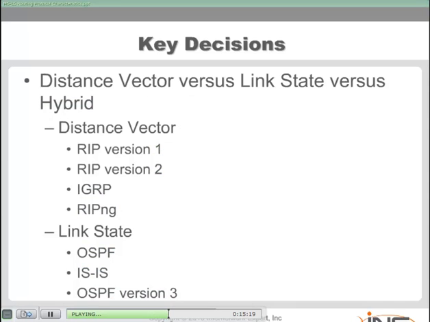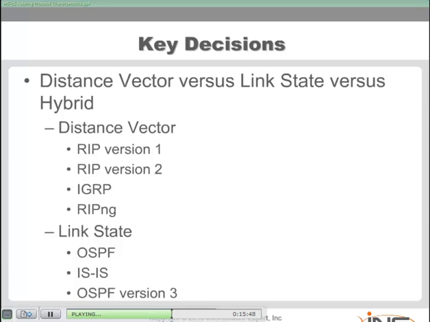Something else that is a key parameter of routing protocols and a measure of their sophistication is whether they are hierarchical versus flat. You see, ISIS, OSPF, EIGRP, they can all be configured in a hierarchical manner, and this is much more sophisticated and much more scalable than routing protocols that are not hierarchical.